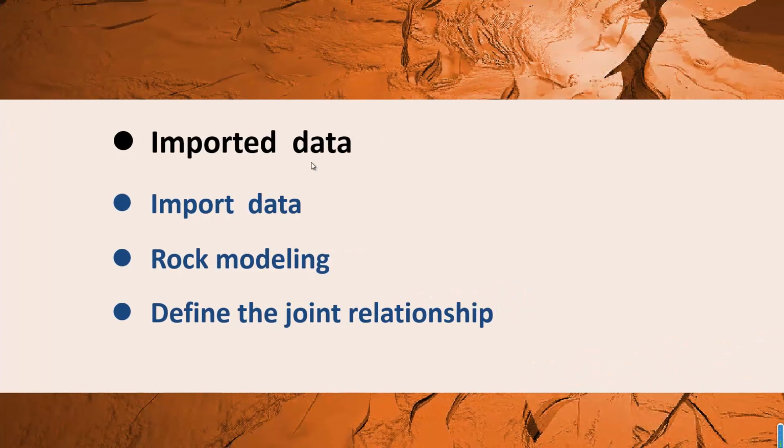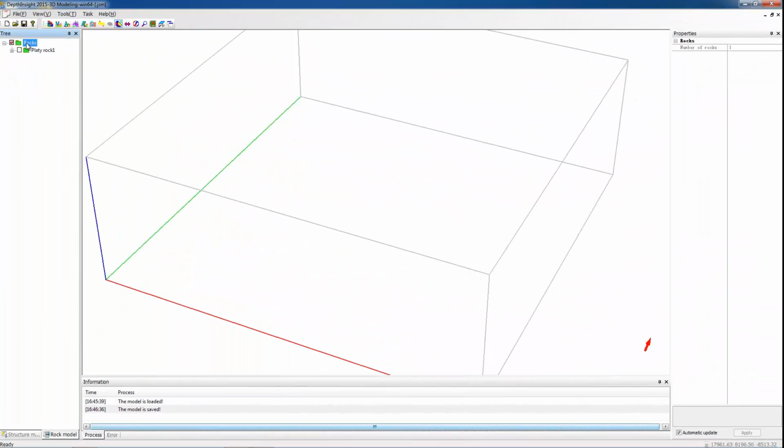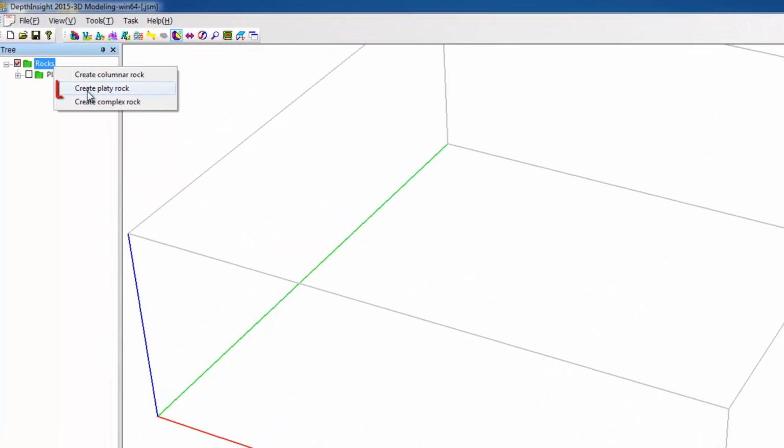Next, I will introduce how to build the rock model using imported data from outside. Also, we keep the order of import data, build a rock model, and define truncation relationship. Create a platy rock model again.